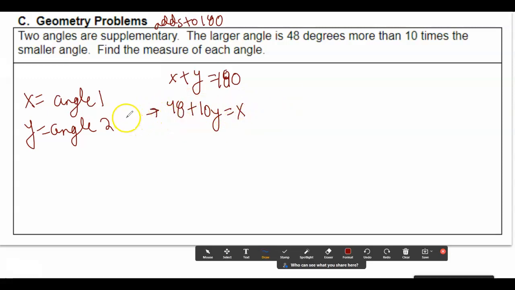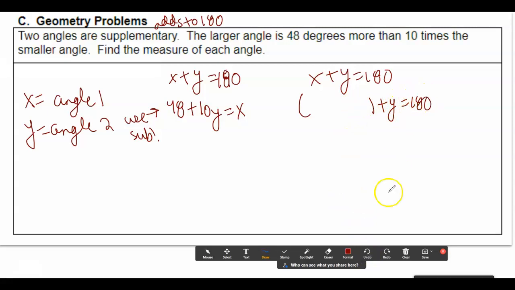So because of this setup, I'm going to use substitution. So I know that I can replace my X with 48 plus 10Y.